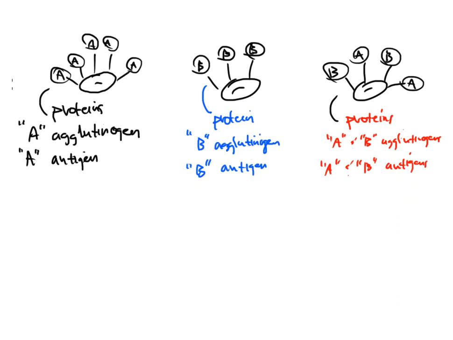Well, what I've not drawn here, of course, is the red blood cell that doesn't have any protein on it. So no protein at all, which also means that there are no agglutinogens at all, which also means that there are no antibodies at all, or sorry, antigens at all. That is our O blood type, right? O does not have A or B.